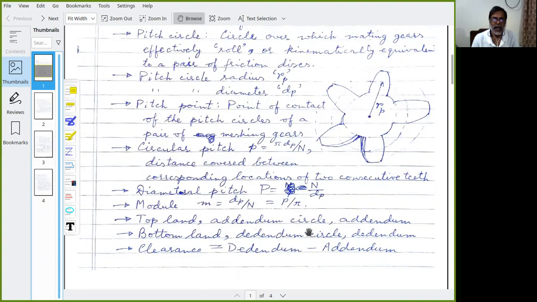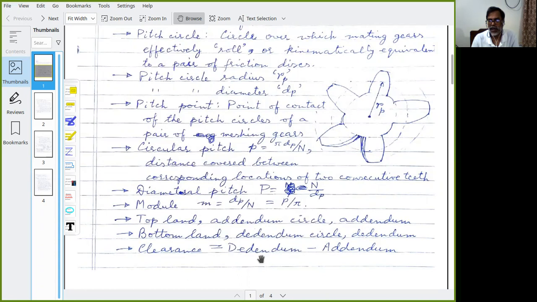Okay? Now, dedendum is typically higher than addendum. We'll see why. And the difference is known as clearance. And that makes sense when the meshing tooth, the mating tooth, comes inside, then between the dedendum circle of the other one and the addendum circle of this one, that much is the clearance.